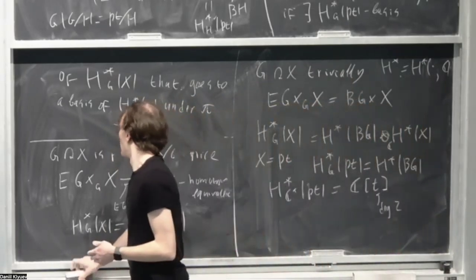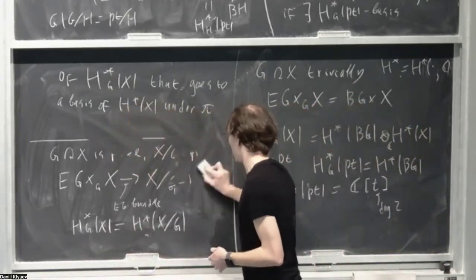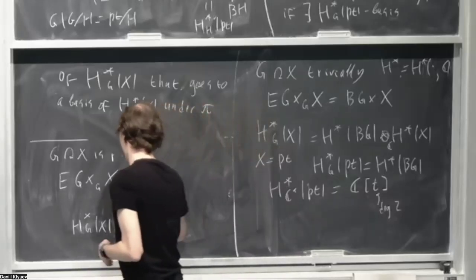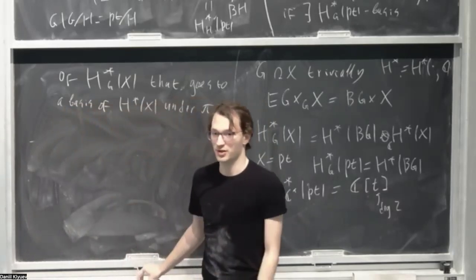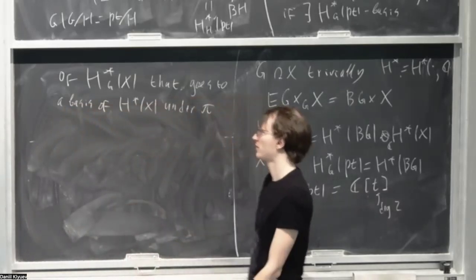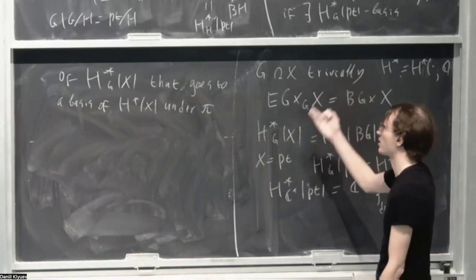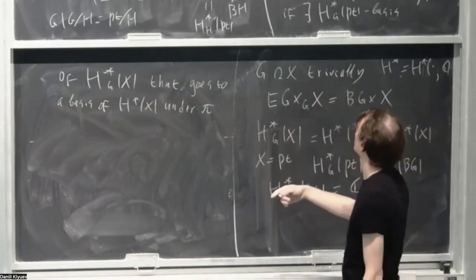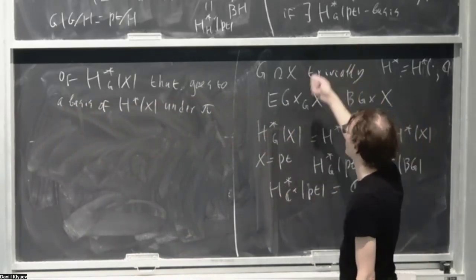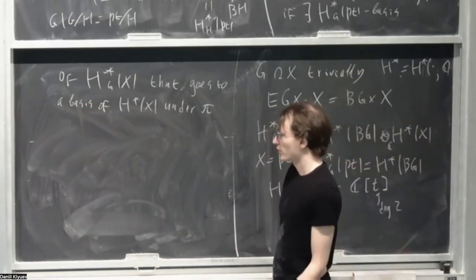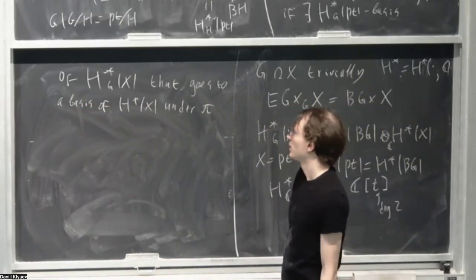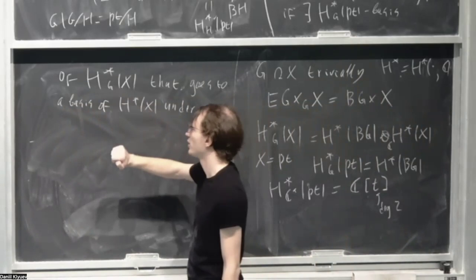I did not discuss equivariant fundamental classes, but they exist. You write a stratification of a space into T equivariant subvarieties, for T the torus, and the closures will give you bases both here and here.